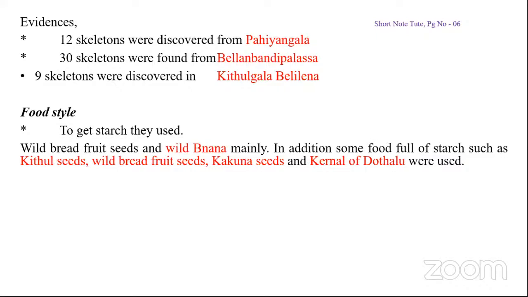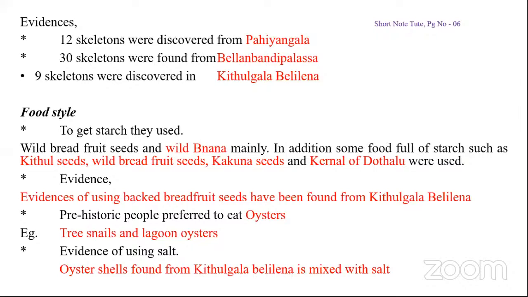The main food was flesh. They hunted, and in the question I have mentioned some of the animals they hunted. Evidences about the usage of starch and plant products can be found, like evidences of using baked breadfruit seeds found from Kitulgala Belilena.